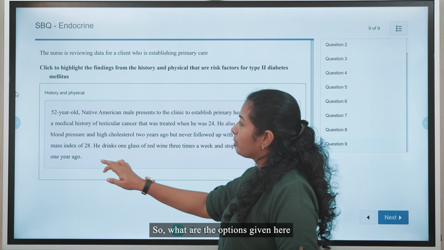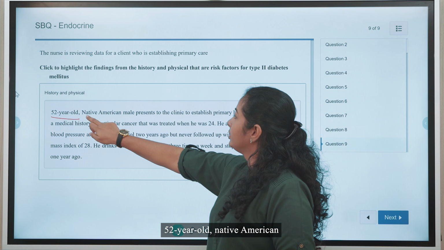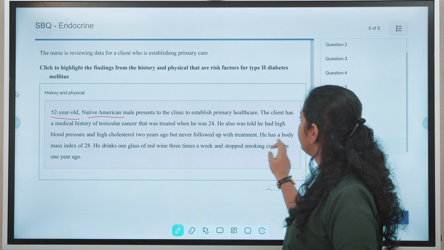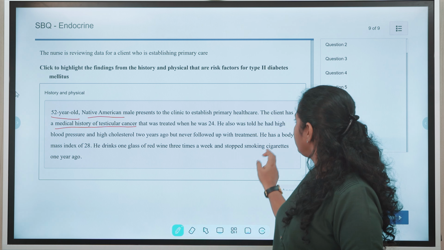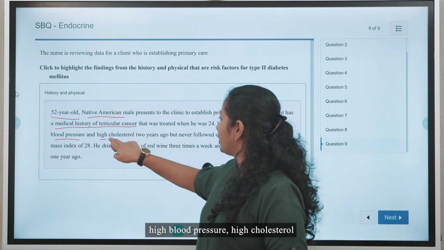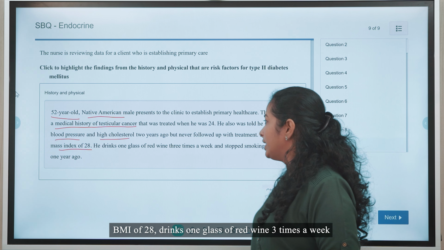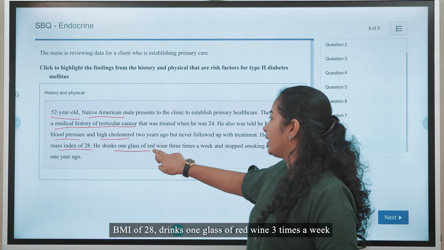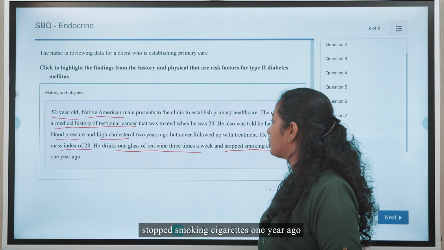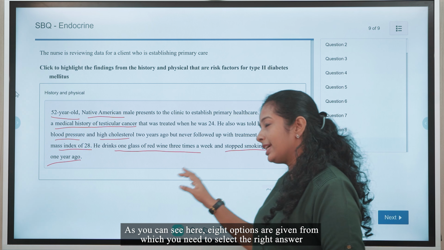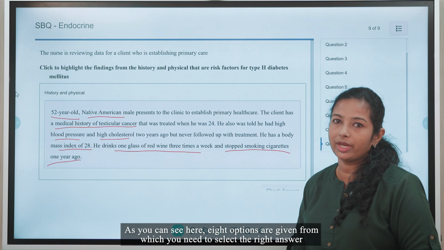Okay, so what are the options given here? 52-year-old, Native American, medical history of testicular cancer, high blood pressure, high cholesterol, BMI of 28, drinks 1 glass of red wine 3 times a week, stopped smoking cigarettes 1 year ago. So as you can see here, 8 options are given from which you need to select the right answer.